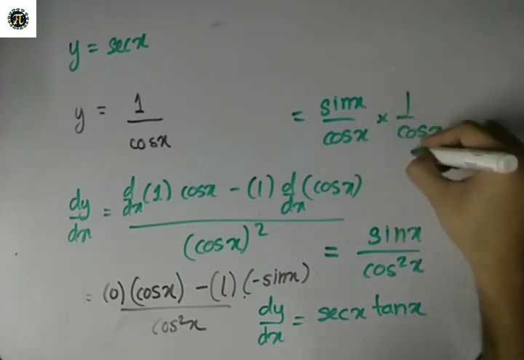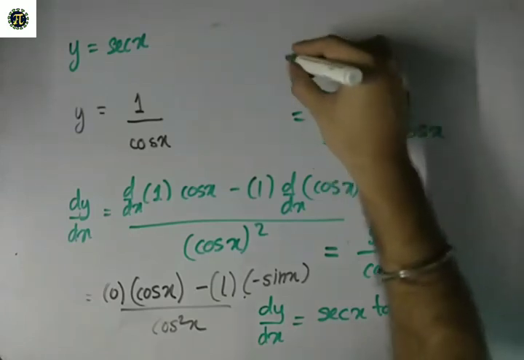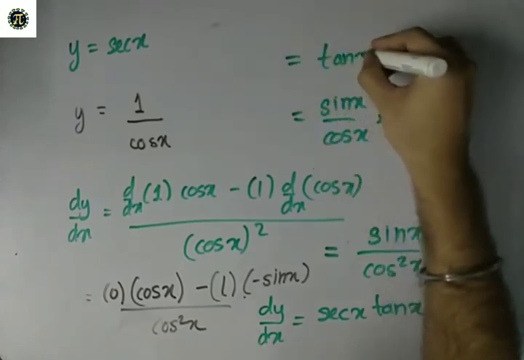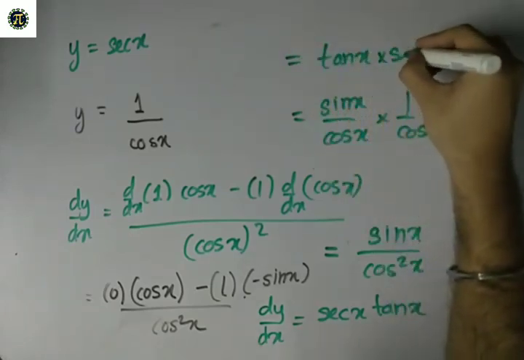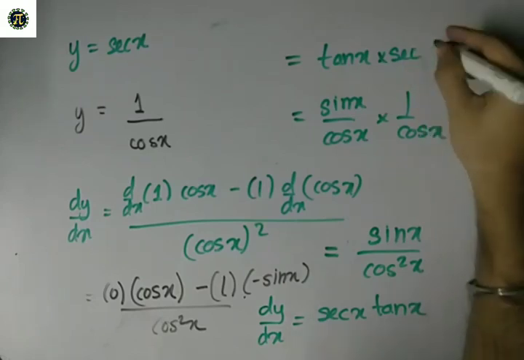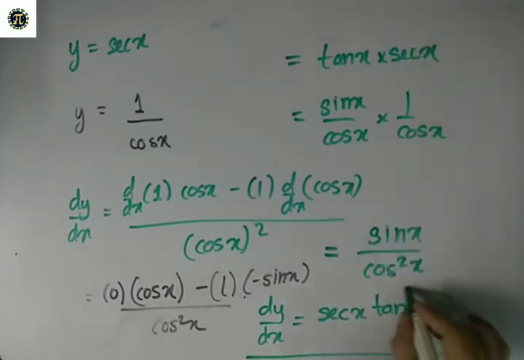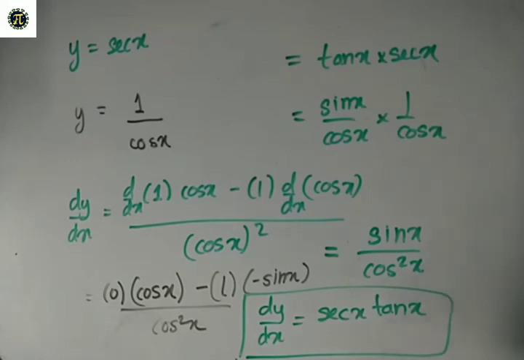So 1 by cos x is secant x and sin x by cos x is tan x. So I get tan x into secant x. And which makes our answer correct. So if you don't remember these formulas for now, you can derive them using the quotient rule. It's a good practice for remembering the formulas and learning the quotient rule. Hopefully you enjoyed this lecture also. See you in the next one.